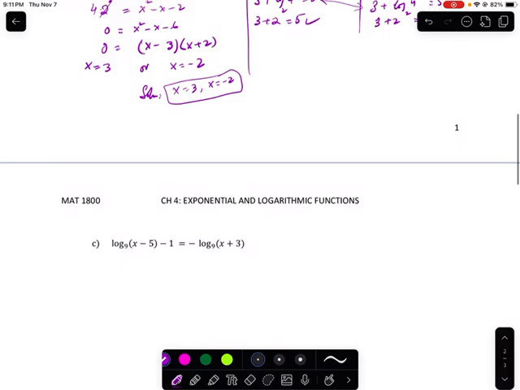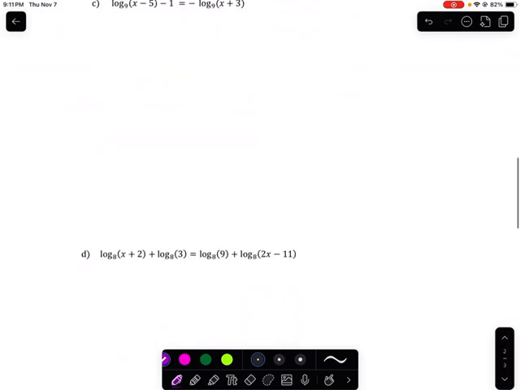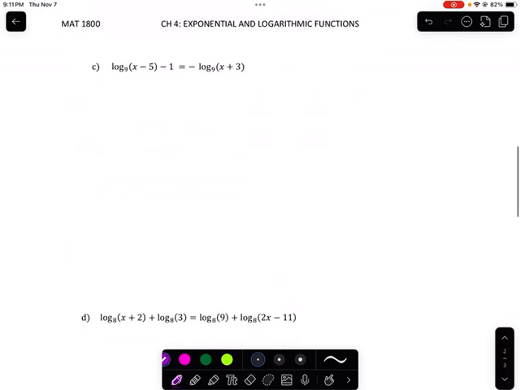Let us look at the next one. Okay, you know what, I will let you guys try this.